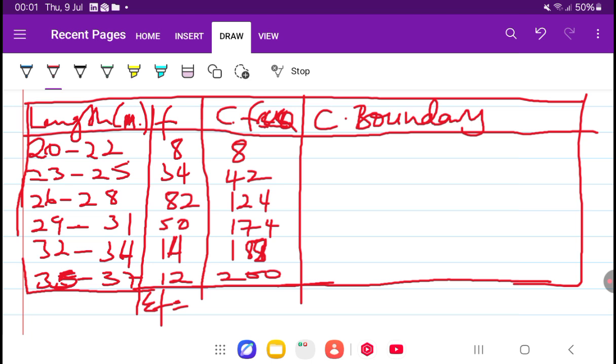So we said to get the class boundary, we take off 0.5 from the lower limit, and then we add 0.5 on the upper limit. So on the lower limit, which is 20 minus 0.5, it gives us 19.5.